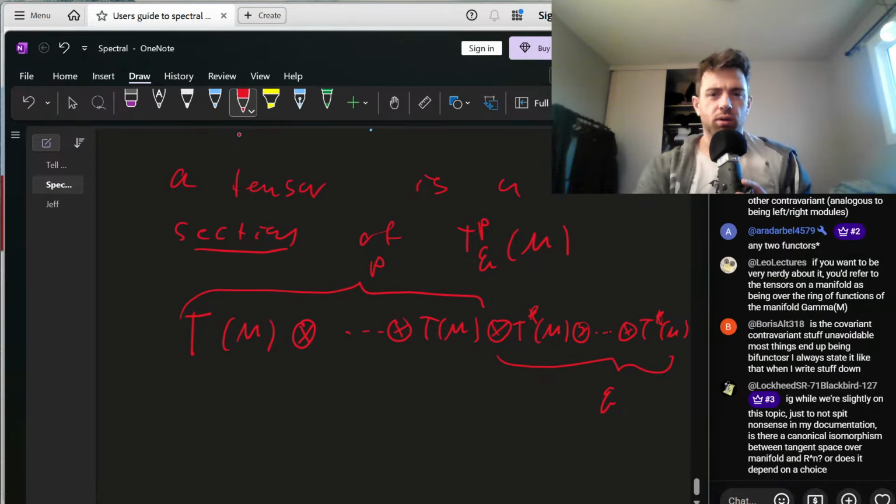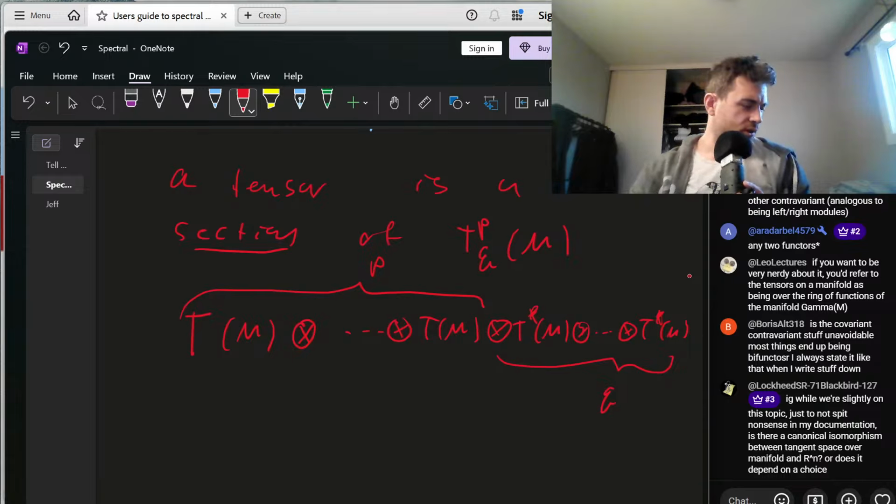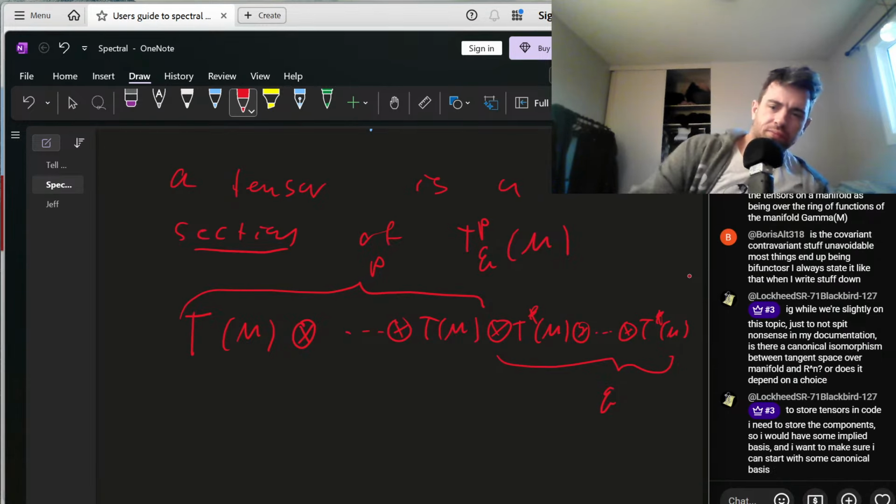And so, I mean, a section, this is like, it's a whole family of maps. Yeah.